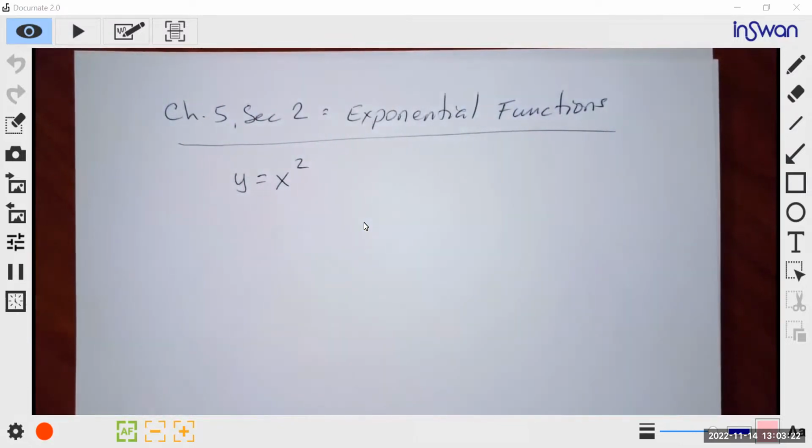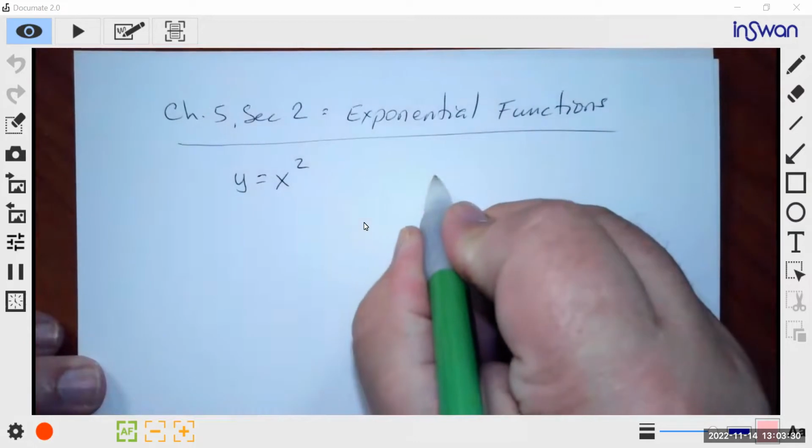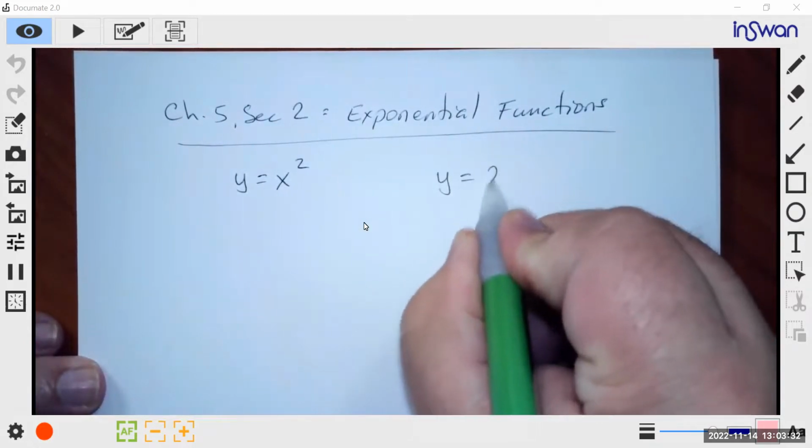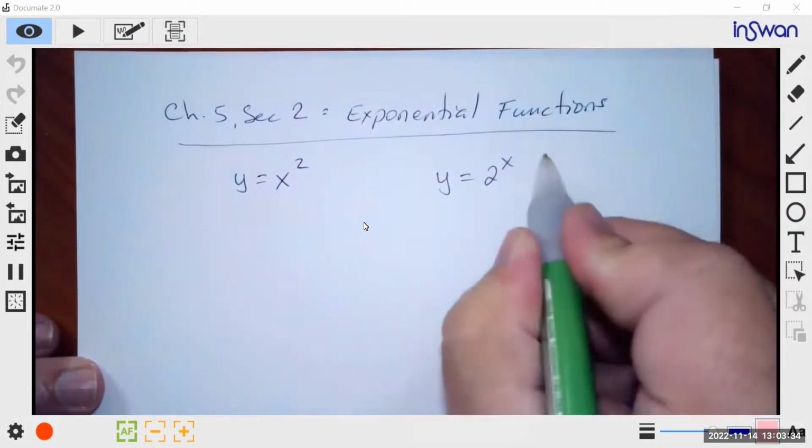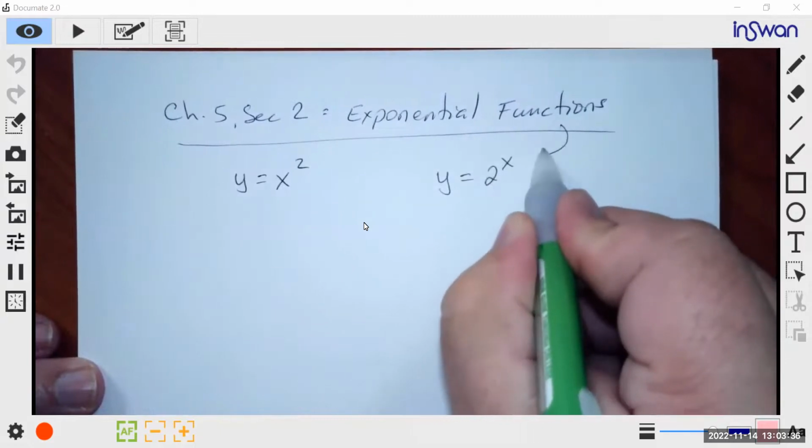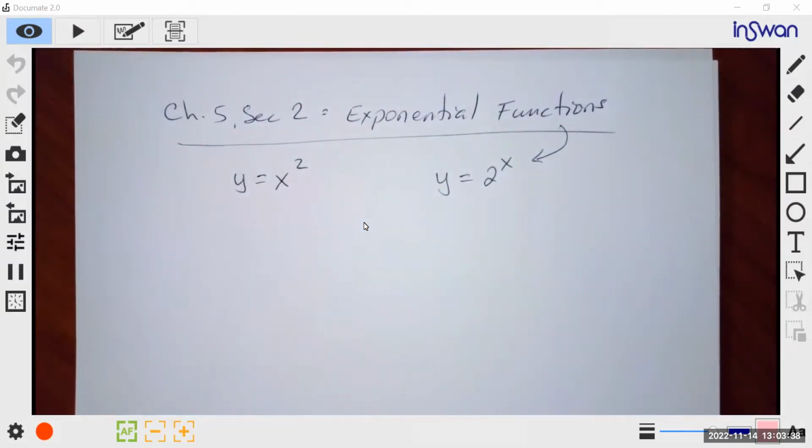That is not an exponential function. That's just a function with an exponent in it. An exponential function has the variable x as an exponent.